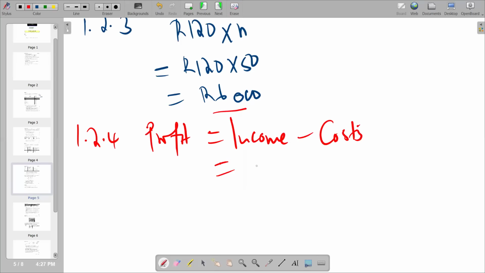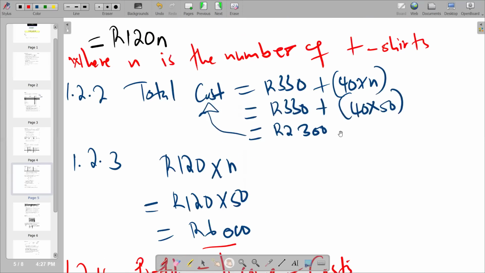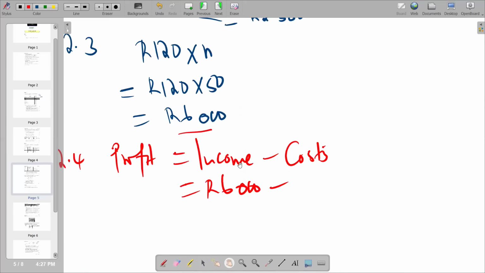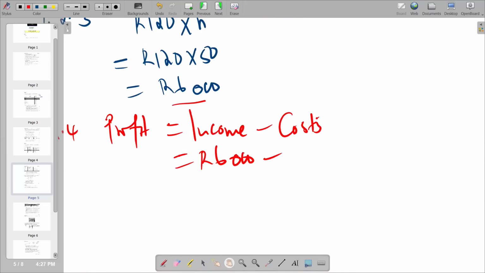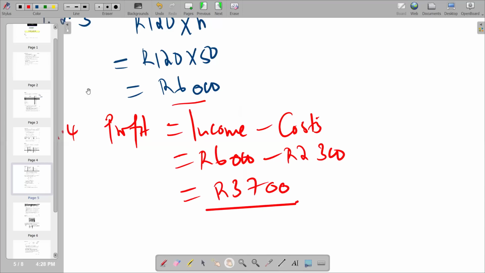So we are saying 6,000, subtract the costs, which we calculated for 50 t-shirts. Here we got 2,300. So we subtract 2,300. Calculate it correctly, and you get your net figure is 3,700. So basically this is your profit.